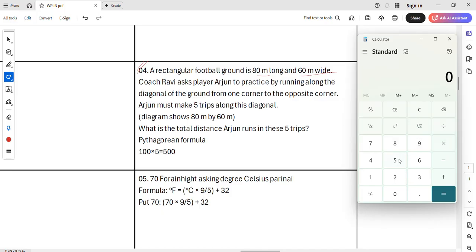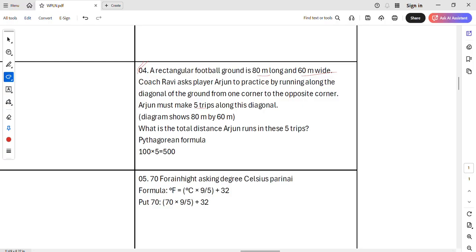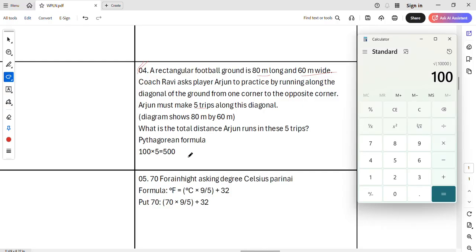So if we apply this formula, 80 multiplied by 80 is 6,400. And 60 multiplied by 60 is 3,600. Then adding, we get 10,000. The square root of 10,000 is 100. Asking how many trips, it is 5 trips, so multiply by 5, so 500.